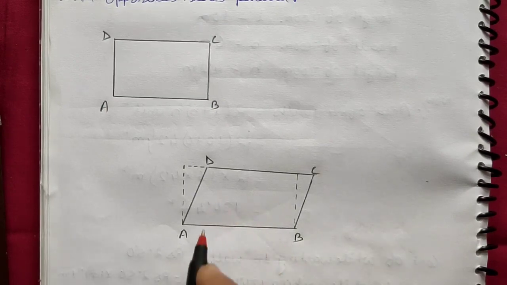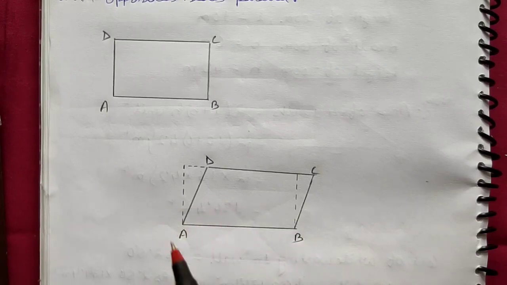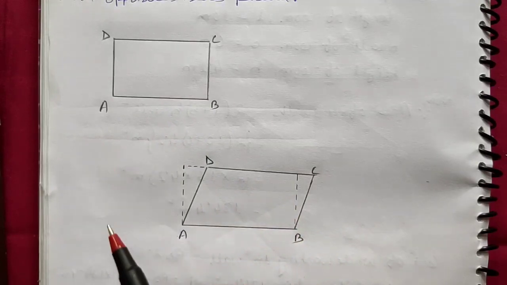The figure which we got now, ABCD, is a parallelogram. In fact, all squares and rectangles are special parallelograms which have angles of 90 degrees.